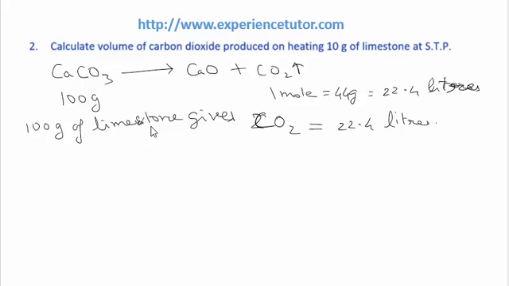Therefore, 10 gram of limestone will give CO2 22.4 upon 100 into 10. On solving, it will give 2.24 liters.